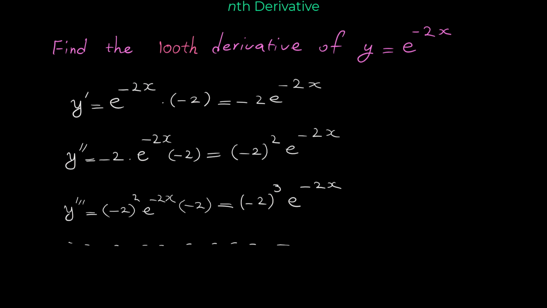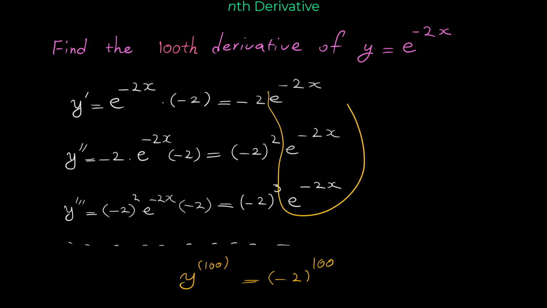If we continue this, the 100th derivative which we want to find would be negative 2 to the 100, and always the original function is here. So times e to the negative 2x. So this is the 100th derivative of that function.